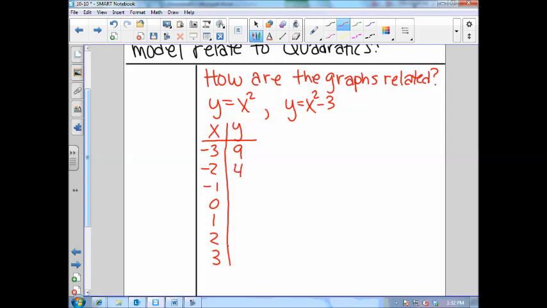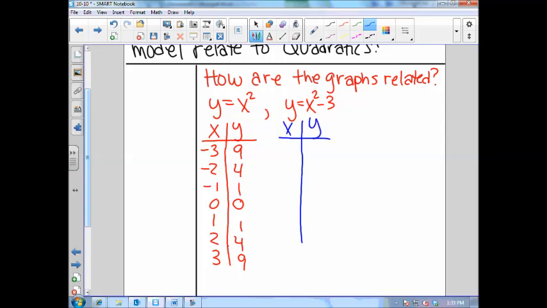Jessica, negative 1 squared. 1. Okay, Alyssa, what's 0 squared? 0. Susanna? 1. Carlos? 4. And Valeria? 9. Good.